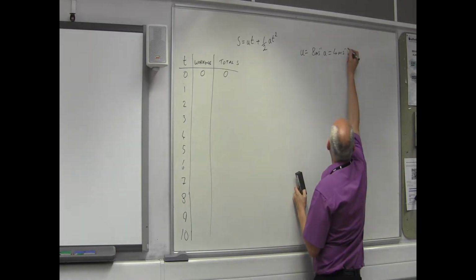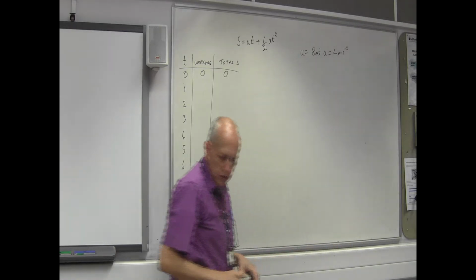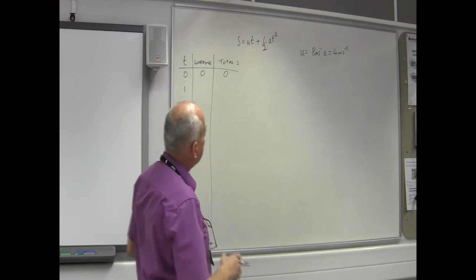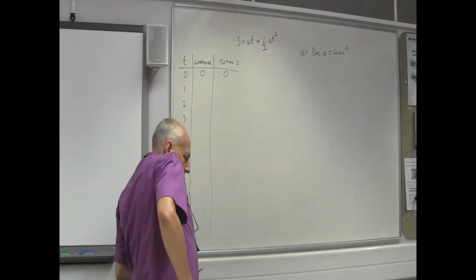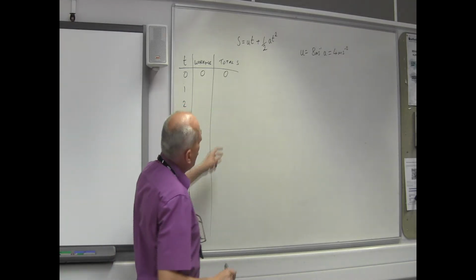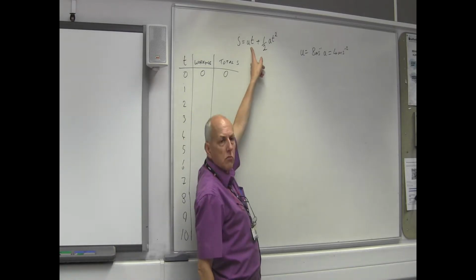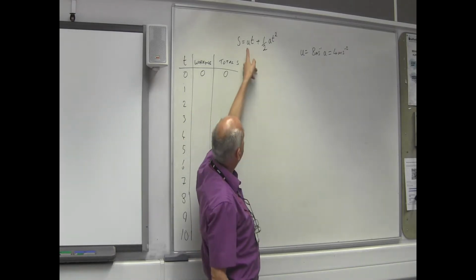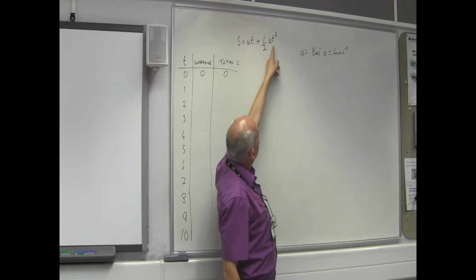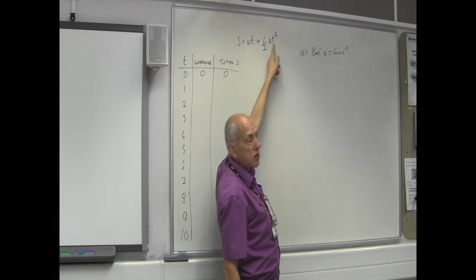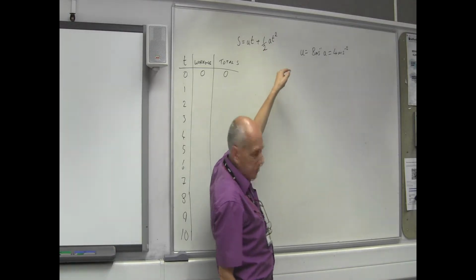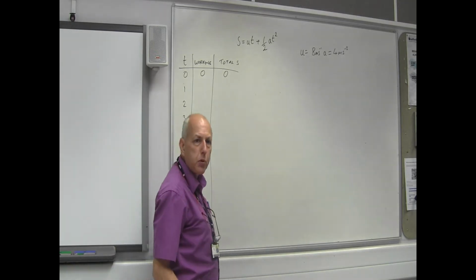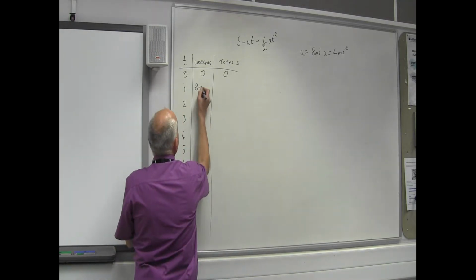Per second squared, yeah. So at 1, it's going to be 8 times 1 plus a half times 4 times 1 squared. Half of 4 is 2. So it's going to be 8 plus 2.